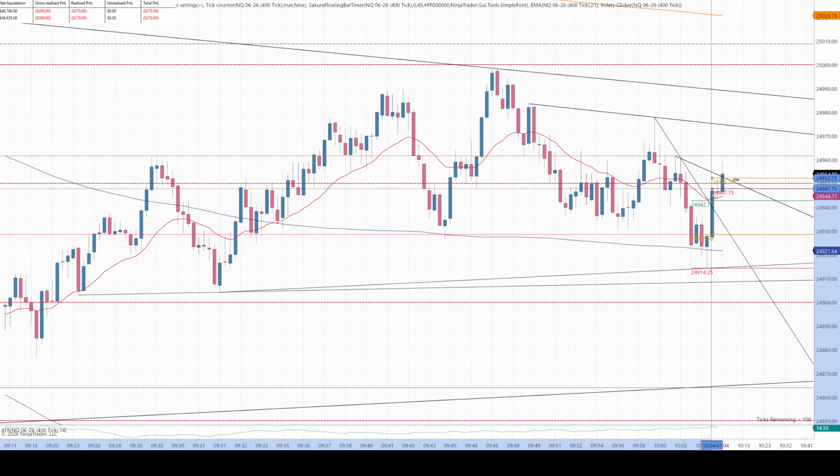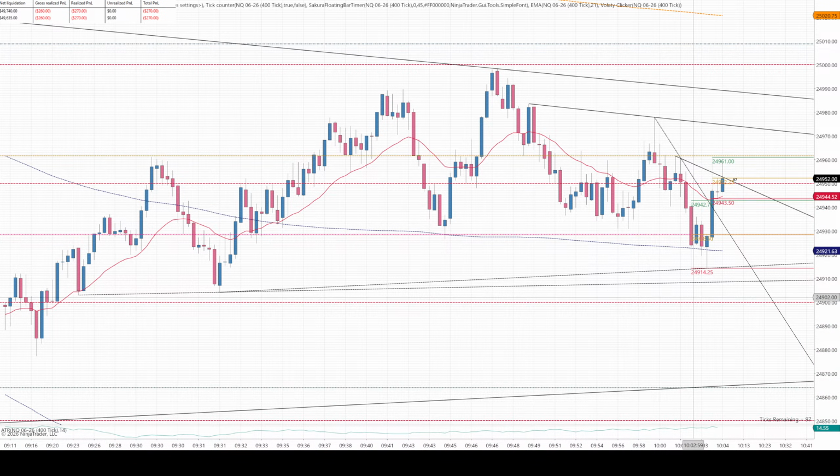Another bullish trigger here. Can't take any of these trades though.